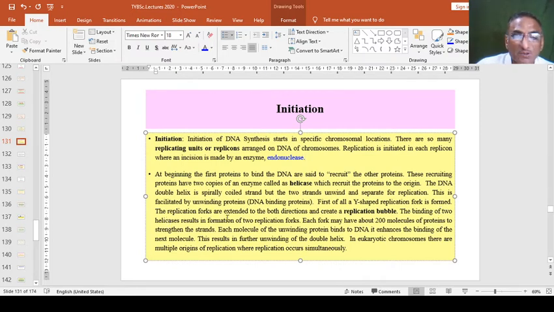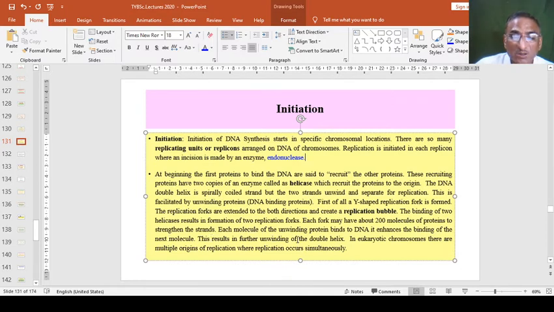The replication forks are extended in both directions and create a replication bubble in eukaryotes, and form another strand of Y. In prokaryotes and eukaryotes, the binding of two helicases results in the formation of two replication forks, and each fork may have about 200 molecules of proteins to strengthen the strands.